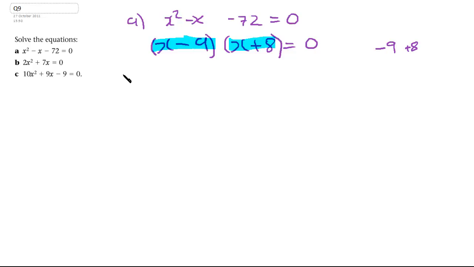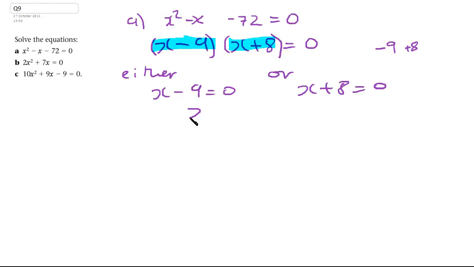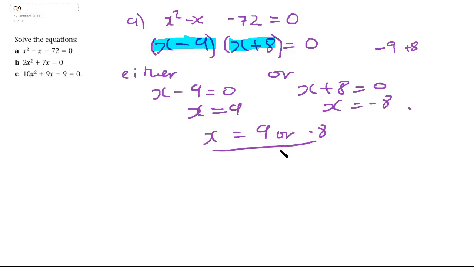So let's say either x minus 9 equals 0 or x plus 8 equals 0. And this implies that x equals 9, and this one implies that x equals minus 8. So therefore x equals 9 or minus 8. And you can always check by putting them back in that it works.